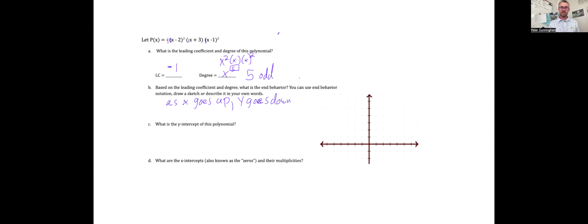I know that because the lead coefficient is negative. So at the end here, gosh, I hope this ends up showing up because I need it for my y-intercept. When I started drawing, it showed up. If it was already there for you, then you have no idea what I'm talking about. This was not here. All right, so that's going to go down.